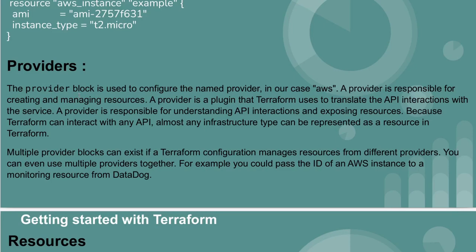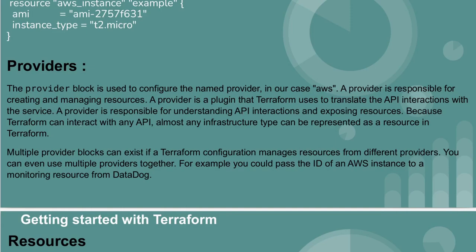The provider block is used to configure the named provider, in our case AWS. A provider is responsible for creating and managing resources. A provider is a plugin that Terraform uses to translate the API interaction with the service. A provider is responsible for understanding API interaction and exposing resources.